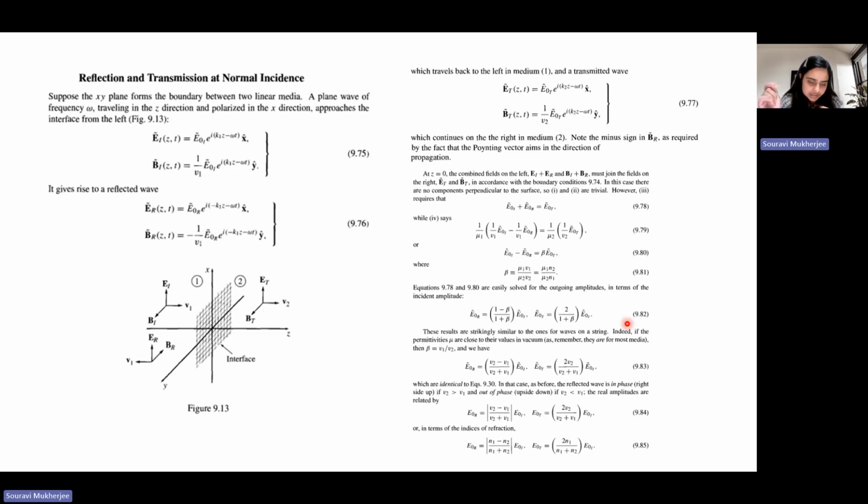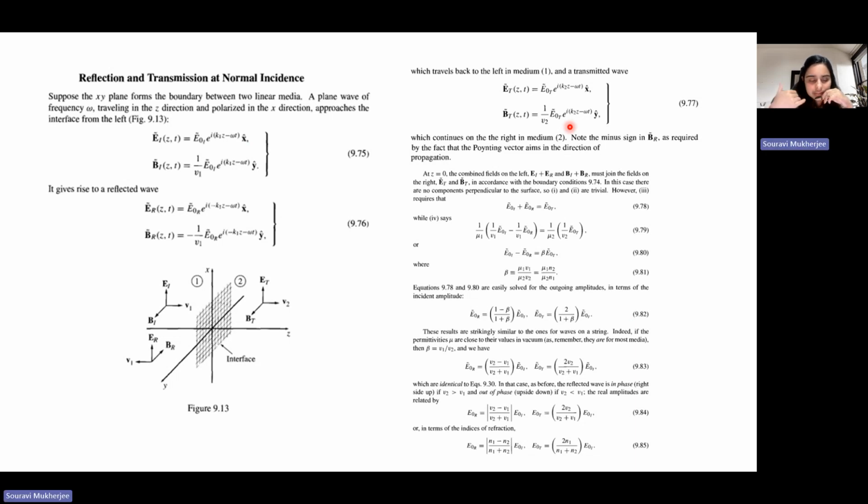And from there you can define these coefficients called the Fresnel coefficients, which give us a measure of these quantities. Here what you do is define general expressions of waves: incident wave, reflected wave, and transmitted wave, keeping in mind that when you're moving from one medium to another, your wave vector will change because the velocity of the wave is also changing there.